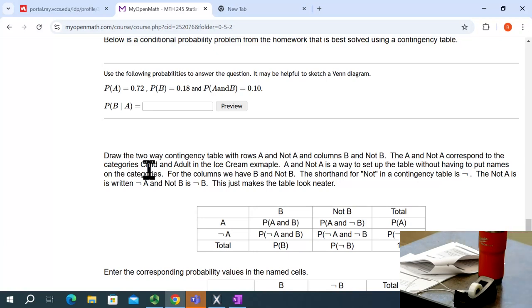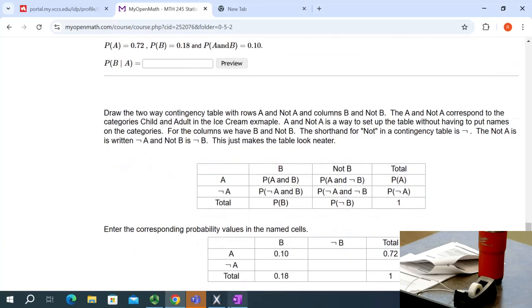The way to do these things, this is 0.72, probability of A, 0.72, and this is the notation, P with the event, probability of A, probability of B, 0.18, probability of A and B is equal to 0.1. This is the way these things work.